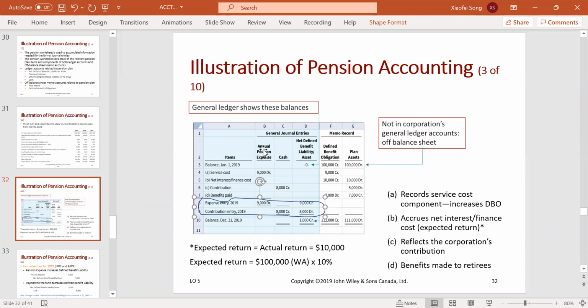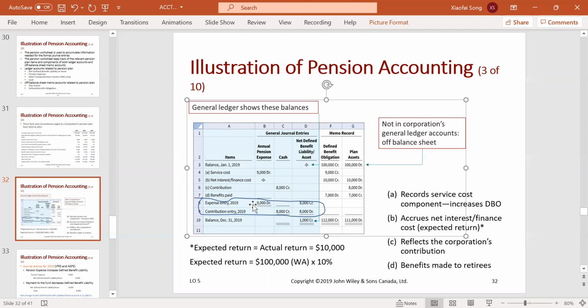So now this item will show the total pension expense. We will have to debit pension expense and credit a liability. When these journal entries are recorded, only ledger accounts will be affected, right?